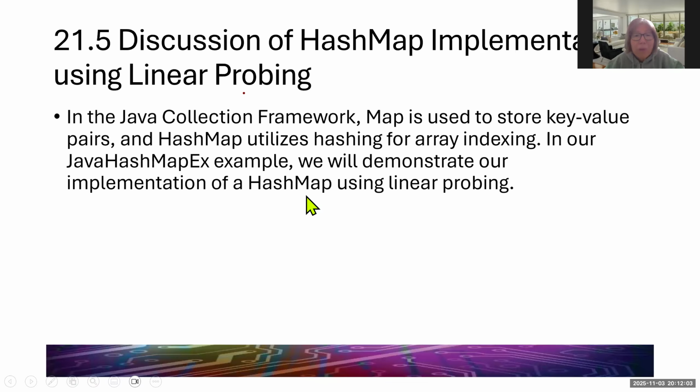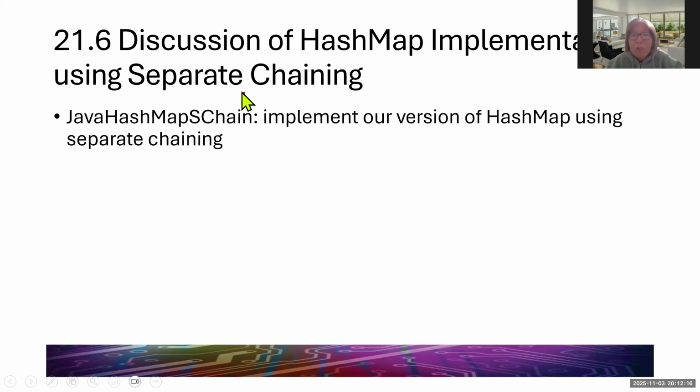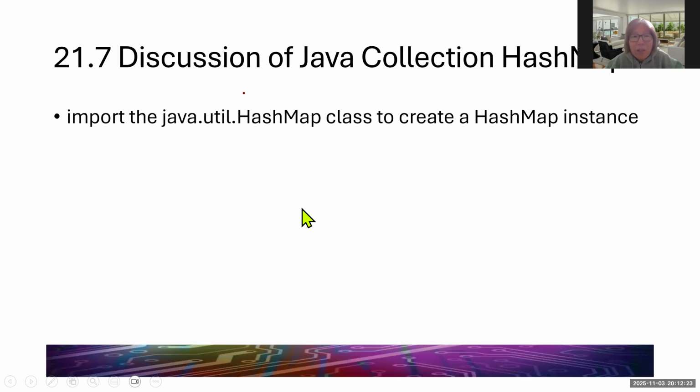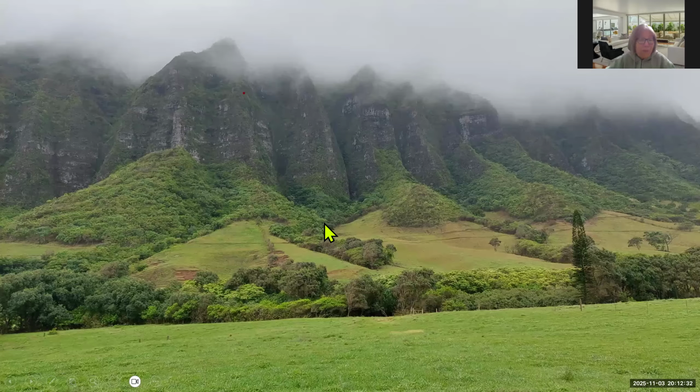After that, we will look at the linear probing implementation for the hash map. Then we will discuss separate chaining for the implementation of a hash table, and then an example of the Java collections hash table. So that's the major content for this lecture.